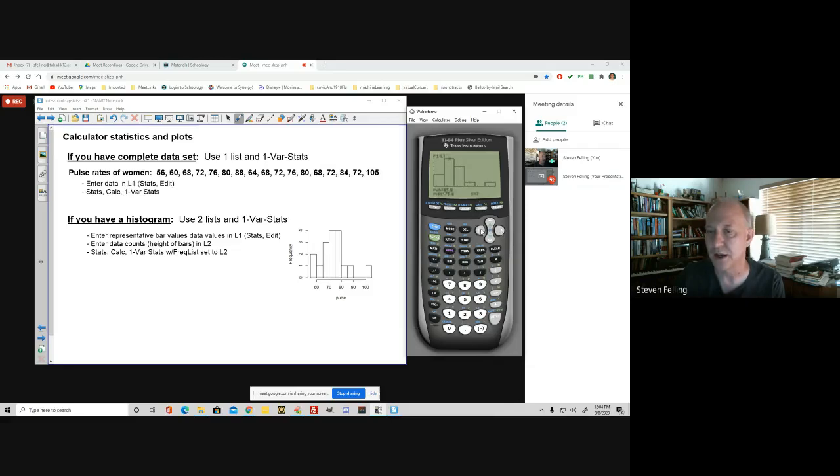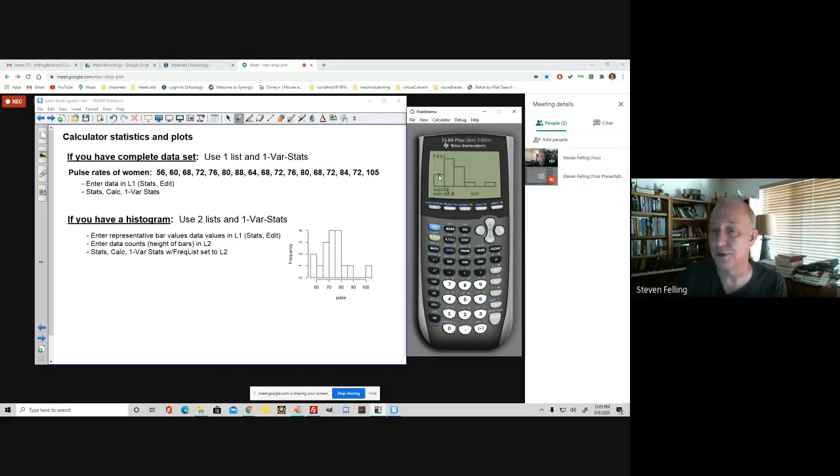Okay, now one thing I notice about this is that the calculator tries to pick a decent bin width for this so that you get a decent picture, right? But a lot of times it doesn't give very nice dividing lines. Like this goes from 56 to 65.8. Maybe I don't want that. Maybe I want this to be a width of, I don't know, 2.